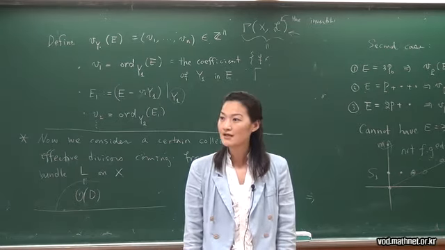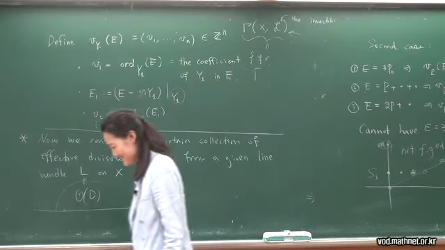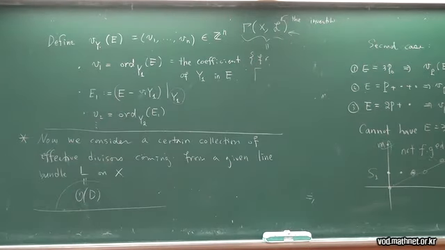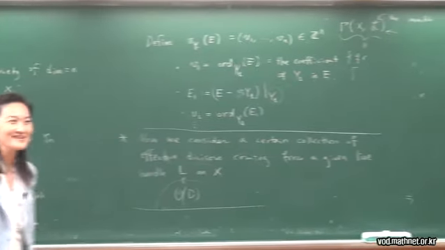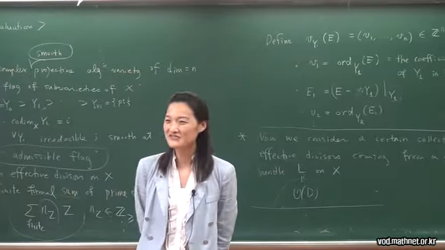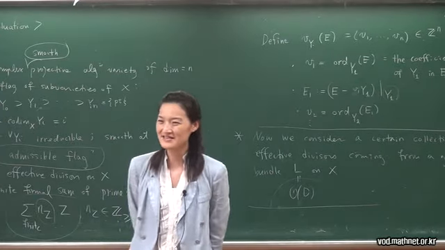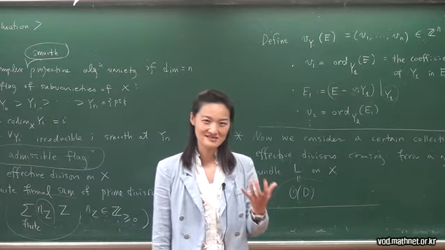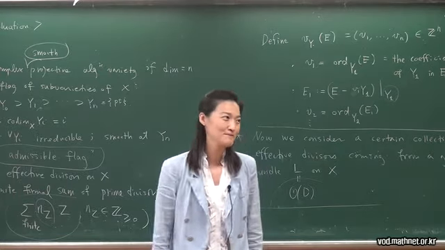People are working on it. This is only two-dimensional, for surfaces. For each dimension, I have to learn this curve theory or surface theory, because it's all about the divisors for this variety.